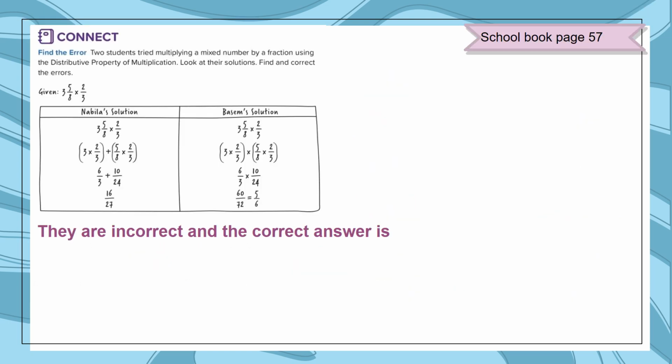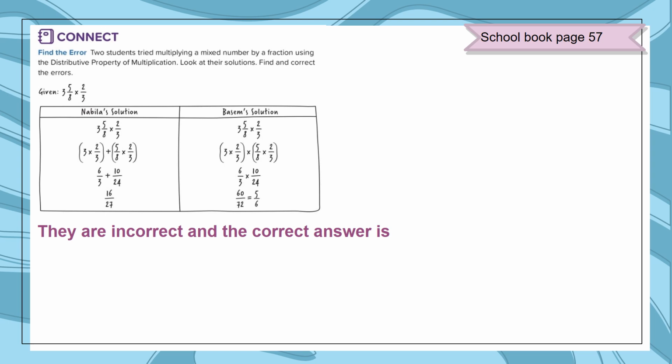Here in our school book, page 57, we have two students who tried multiplying a mixed number by a fraction using the distributive property of multiplication. Look at their solutions, find and correct the errors.